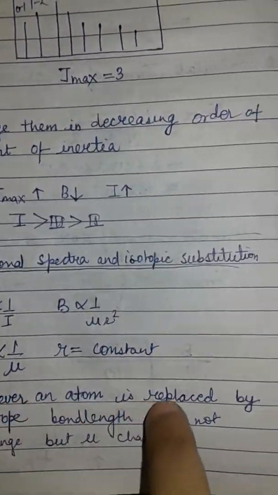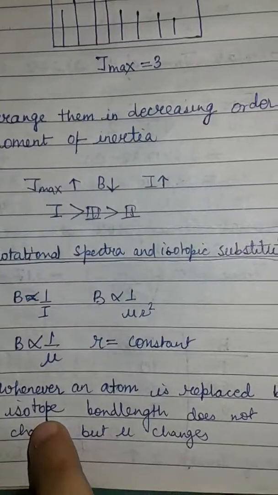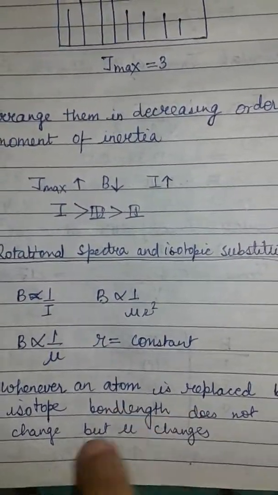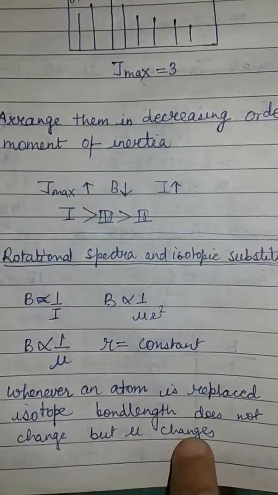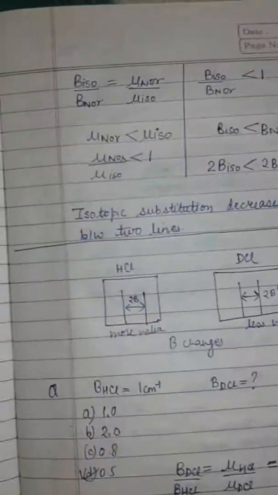So whenever an atom is replaced by an isotope, the bond length does not change, and if the bond length does not change, then mu changes.